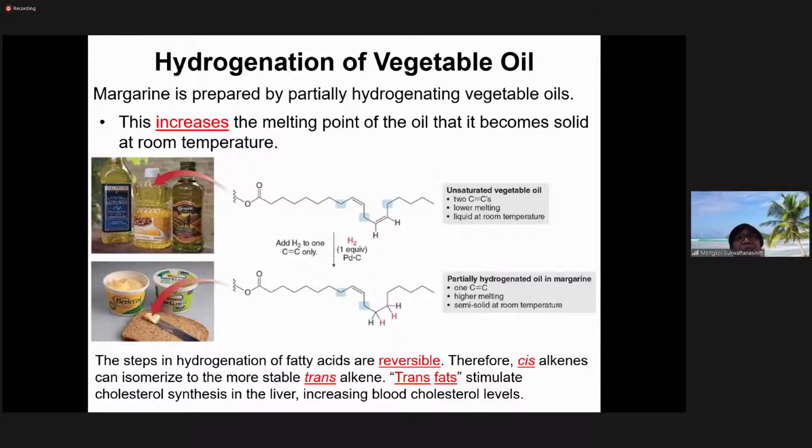And we get the trans fat, which is a very bad fat for your health because it stimulates cholesterol synthesis and can cause some heart disease, as you probably already know, especially in margarine products. It contains saturated fat as well as some trans fat.